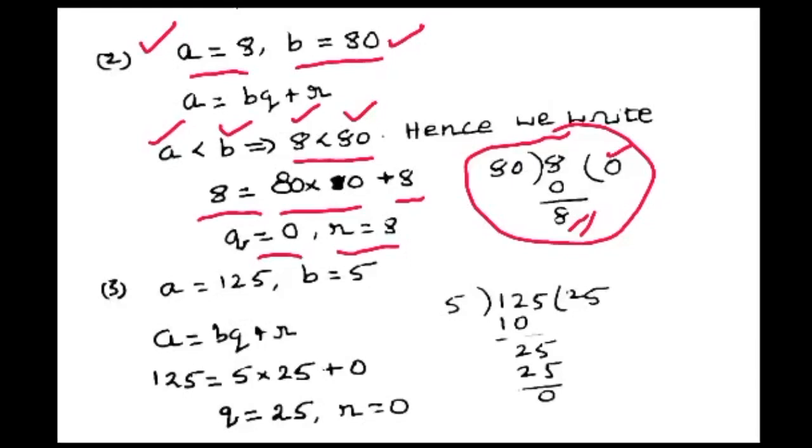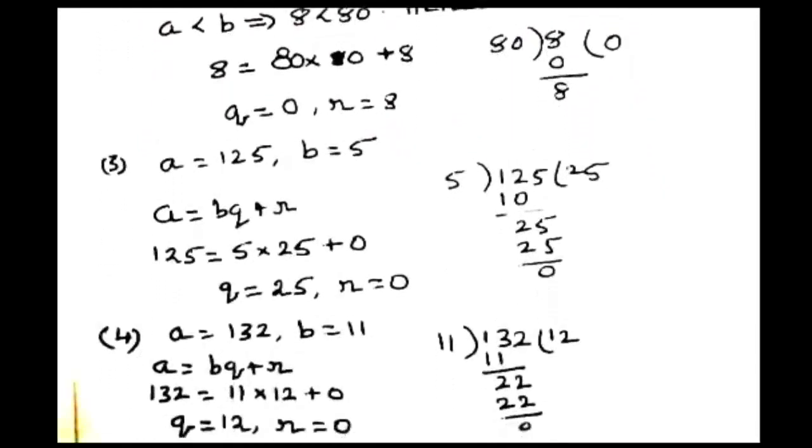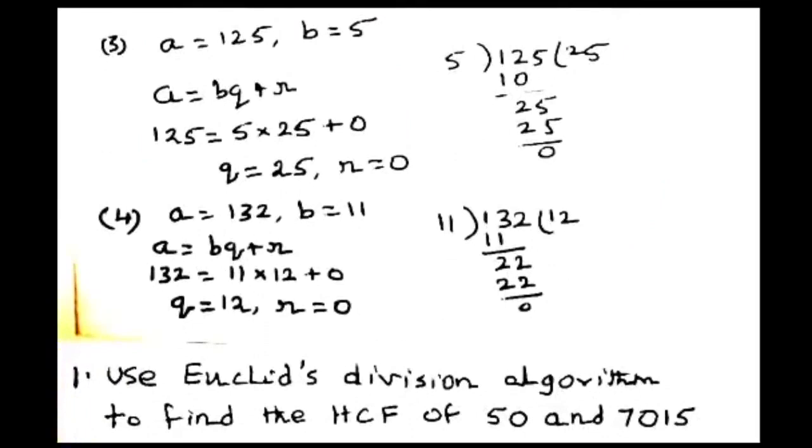Now we consider another problem. A equal to 125, B equal to 5. That is, the divisor is 5 and the dividend equal to 125. When 125 is divided by 5, we get remainder 0 and quotient 25.